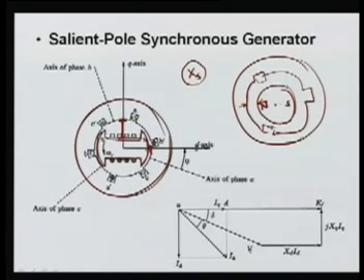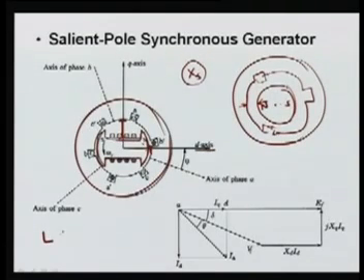In the d axis, it is called the pole. If this is the north pole and this is the south pole, then this is called the field axis, and the d axis is from the north pole to the stator, and this distance is very small. What does it mean? If this distance is small, then the L corresponding to this axis will be more.